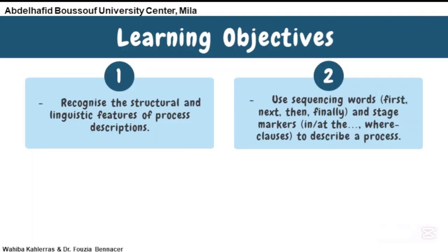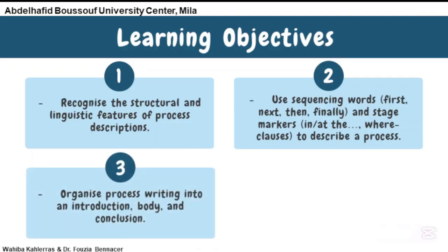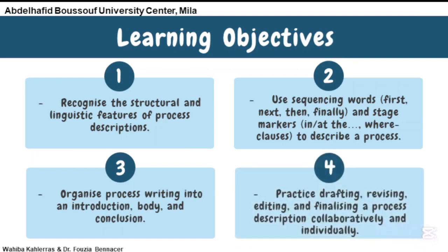So by the end of this lesson, you're going to be able to recognize the structural and linguistic features of a process, use sequences to order your paragraph, different types of sequences, and organize the process from step 1 into the final step, writing an introduction, body and conclusion, or better said, topic sentence, supporting details, and concluding sentence.